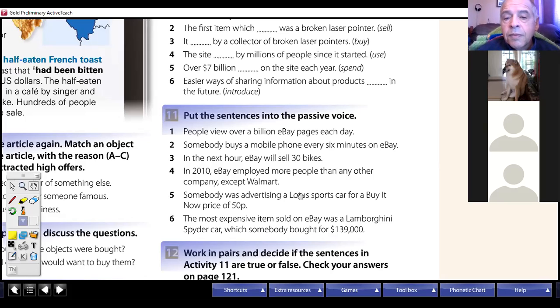So, 30 bikes will be... what is the participle of sell? Sold. So, will be sold in the next hour.